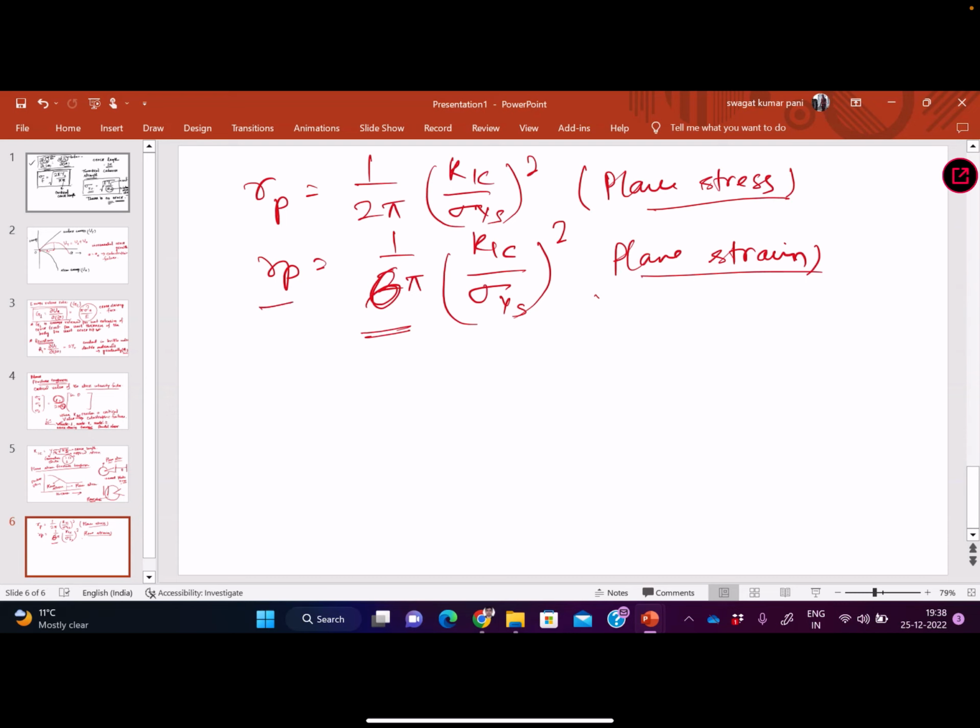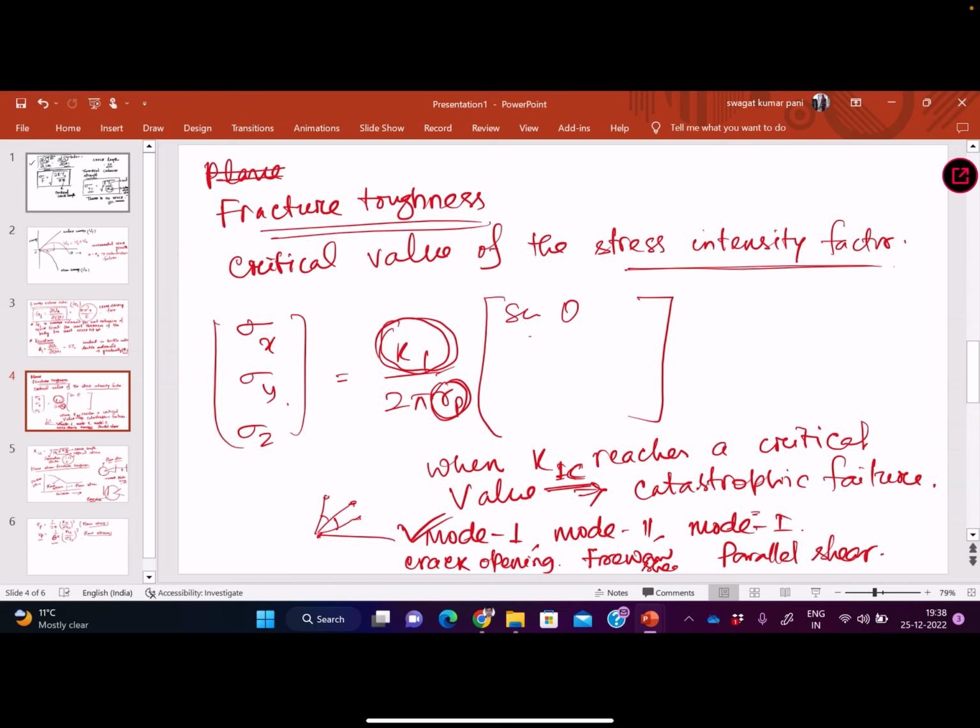To derive these relations, first you have to see that sigma x, sigma y, sigma z are given in terms of K1 by root 2 pi r, sin theta by 2, cos theta by 2, some big relations will be there. From that you have to calculate the principal stresses, sigma 1, sigma 2, sigma 3, like we do for the Mohr circle, in the elasticity or plasticity chapter.